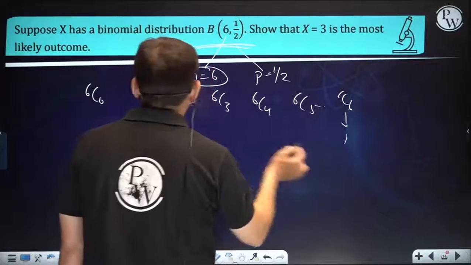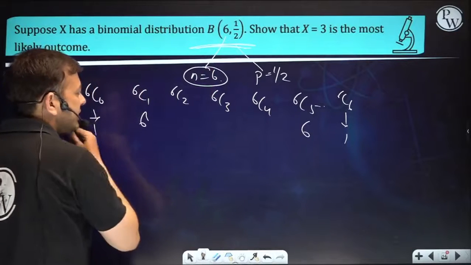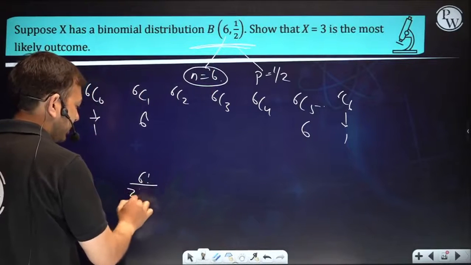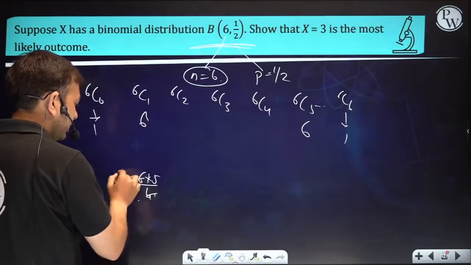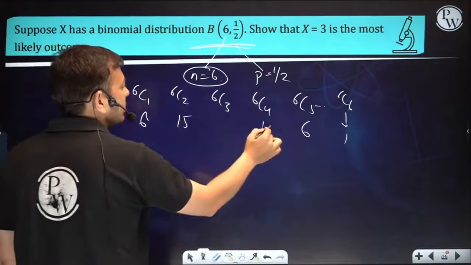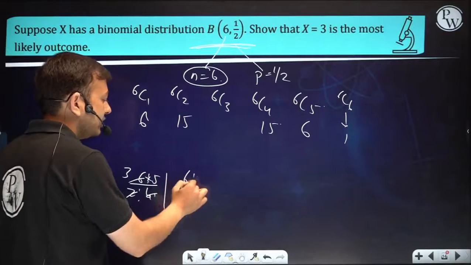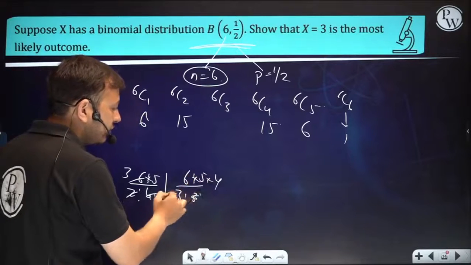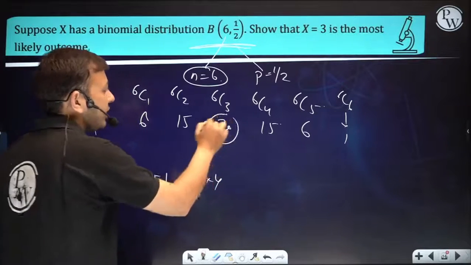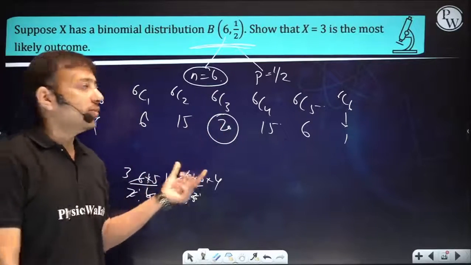So this is 1, 6, and 6C2 is 6 factorial by 2 factorial 4 factorial, so 6 into 5 by 2, that is 15. So this is also 15. Now 6C3 is 6 into 5 into 4 by 3 factorial, so 5 fours are 20. So you only tell me which is the highest value.